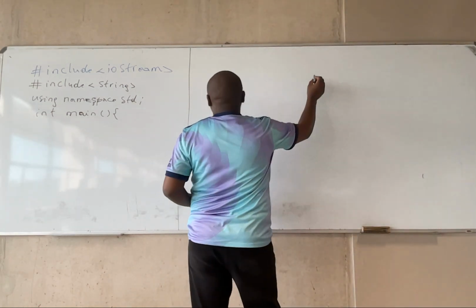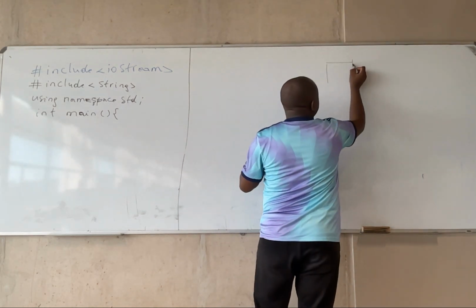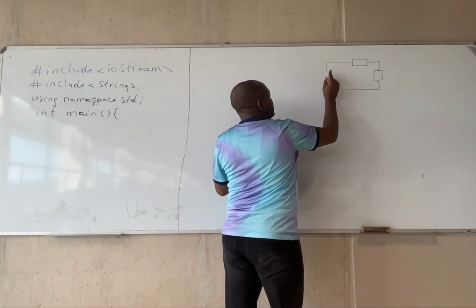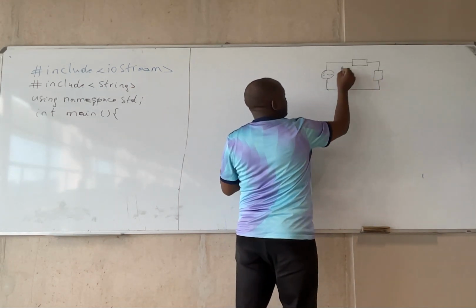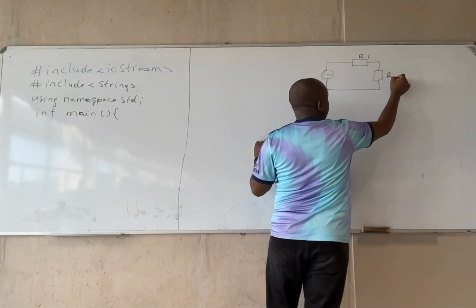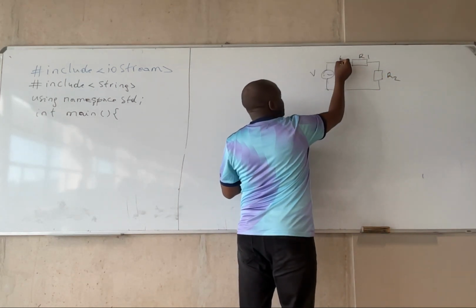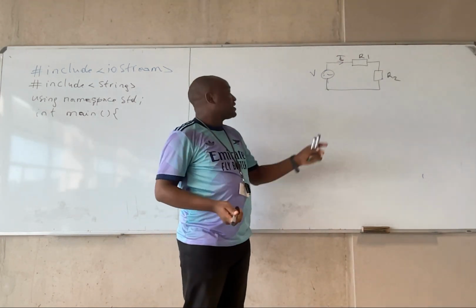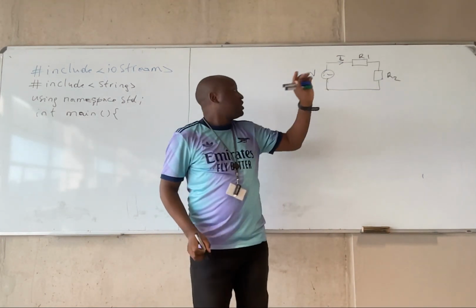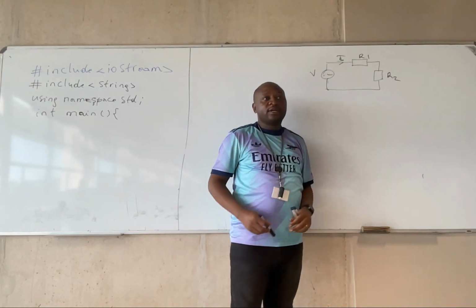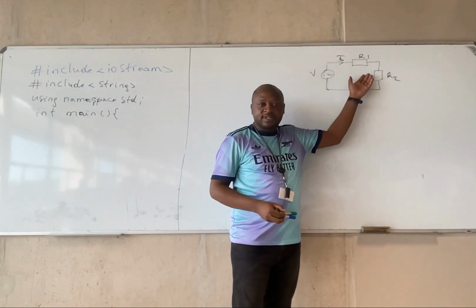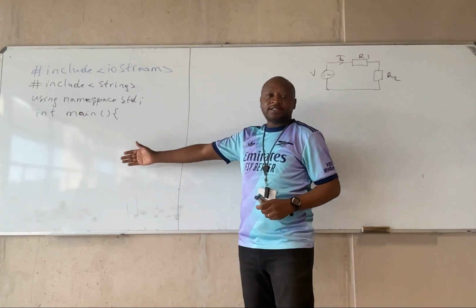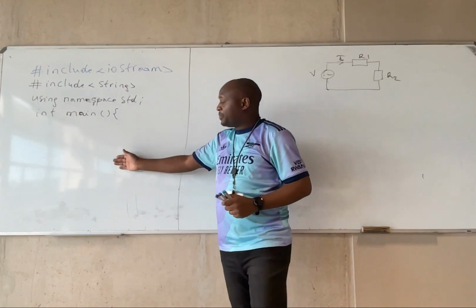So assuming you've got your circuit, which comprises two resistors, and obviously you've got your source over there, and then here you've got your R1, here you've got your R2, and then you've got your V, and obviously that is your current I. Now, when you have a circuit like this and you want to find the current flowing through the circuit, how do we do it? How do we write the code of this particular circuit in C++?